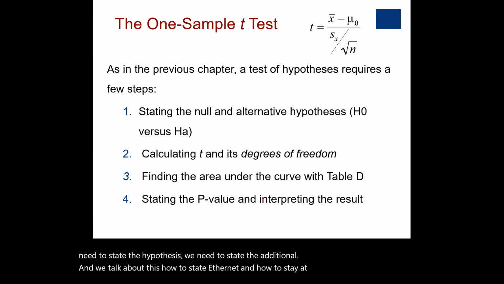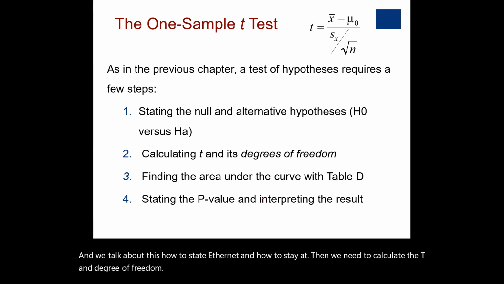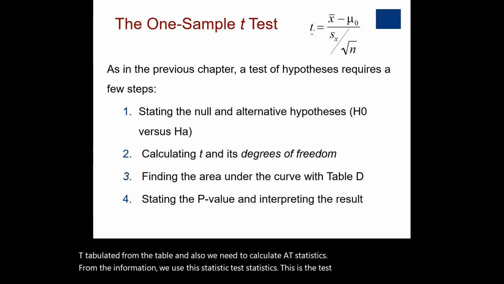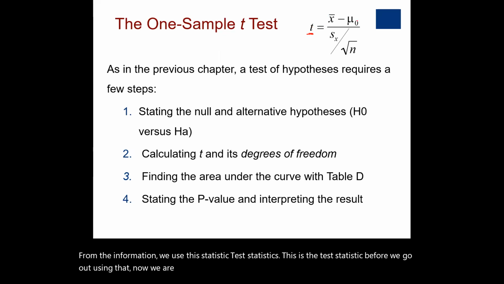Then we need to calculate the T and its degree of freedom. Actually, we need to find T tabulated from the table. And also we need to calculate the T test statistic from the information. Before, we were using Z, now we are using T. T is x bar minus mu naught over S over square root n.